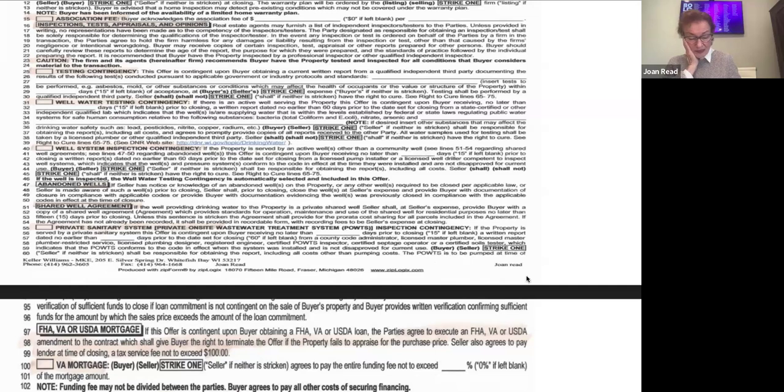The well system contingency, you probably want the seller to be responsible for getting that repaired. And sometimes that might include a new well pump, or it may include digging deeper. But it's very important because those are expenses that you may not want to incur after you move into the property.